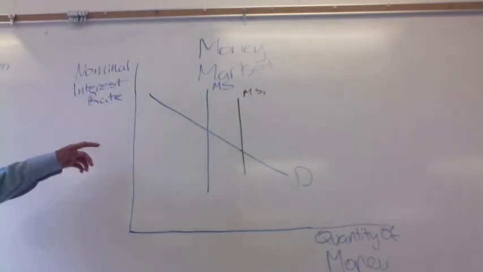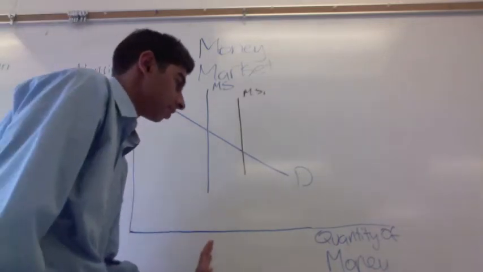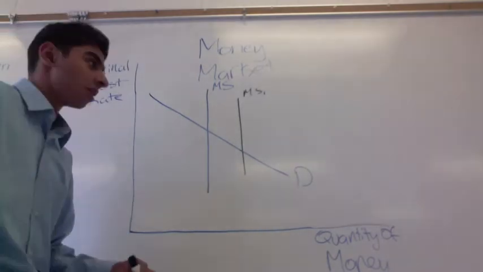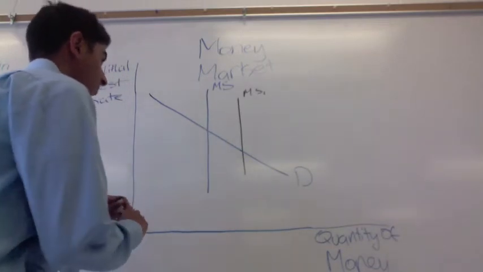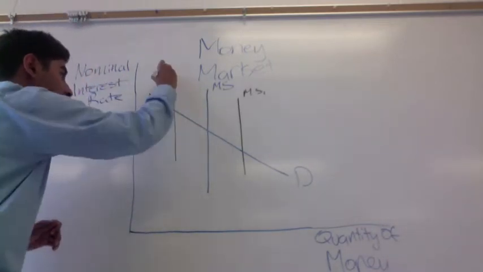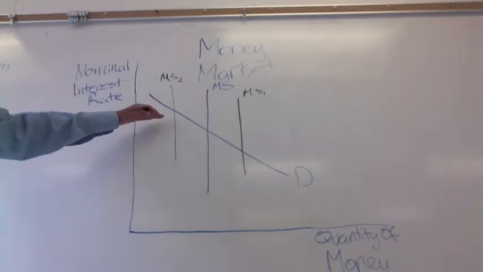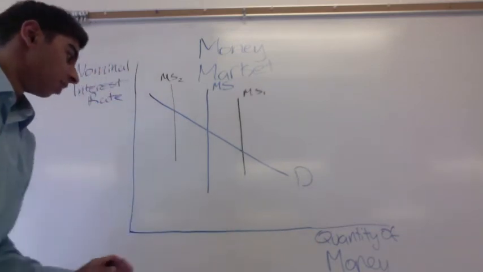Well, what's going to happen is the interest rates are going to go down and the quantity of money is going to go up. And the opposite is true if they decided to sell bonds. That would shift the money supply left, and the interest rates would go up, and the quantity of money would go down.